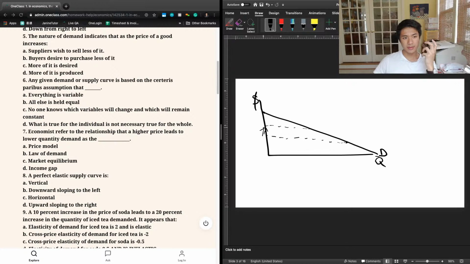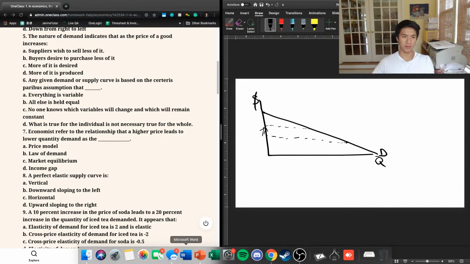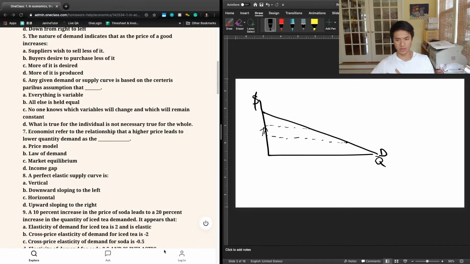And what happens to the quantity that people are buying? The quantity purchased is going to go down. You used to have purchasing of this quantity. Now it falls to this quantity. And so as price goes up, quantity demanded goes down.